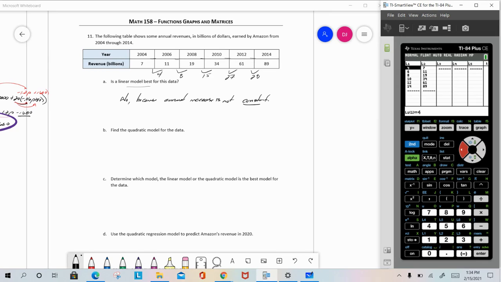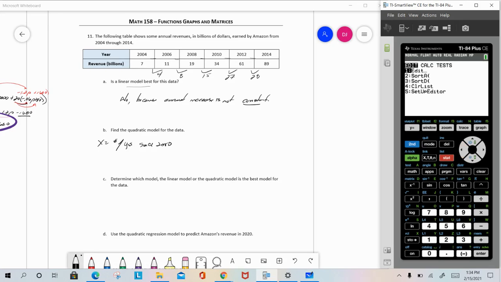My X values need to be the years, and it looks like those are still the years, where X does not represent the year 2004 or 2006, but X represents the number of years since 2000. So I'm going to write that down. X equals the number of years since 2000.